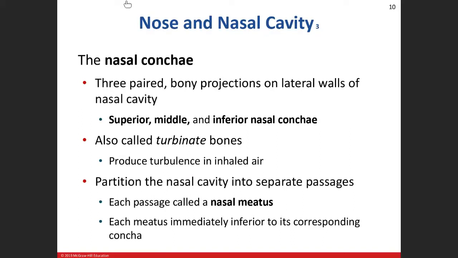So we can clear out any foreign particles or debris, and we can also make the air more humid. All right, so we don't dry out our mucosal membranes there. Okay, so the purpose then of the nasal concha is to create that turbulence in the air. All right, and as it's spinning around, it helps to clean it, but it also helps to humidify it.